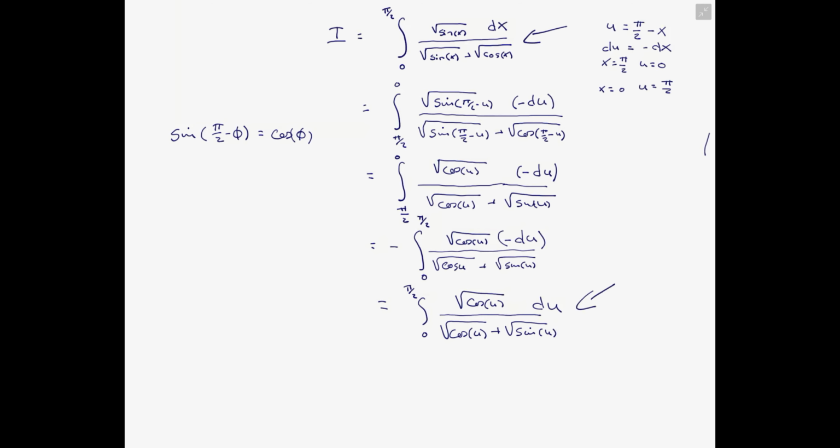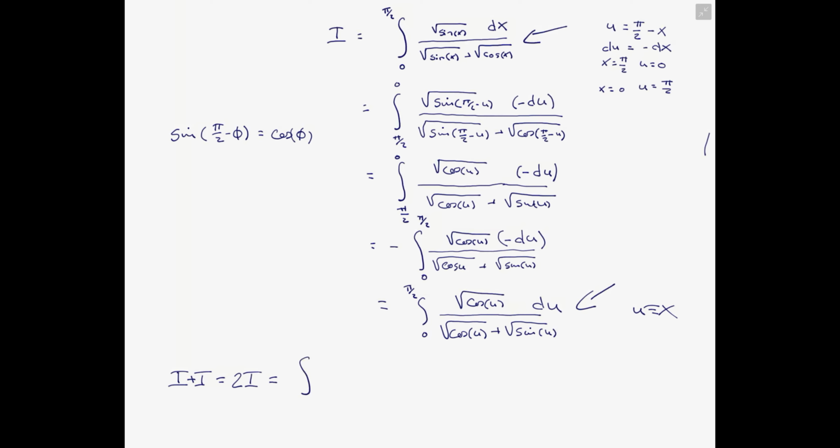But that's positive du. So the minus signs cancel out, and we have an equivalent form: the square root of cosine of u over the square root of cosine of u plus the square root of sine of u du.